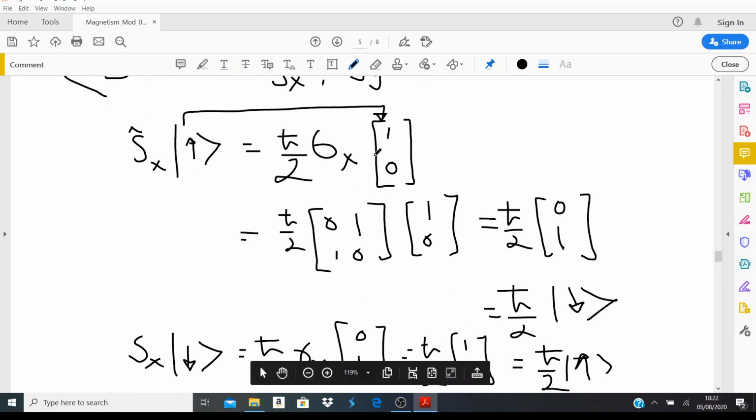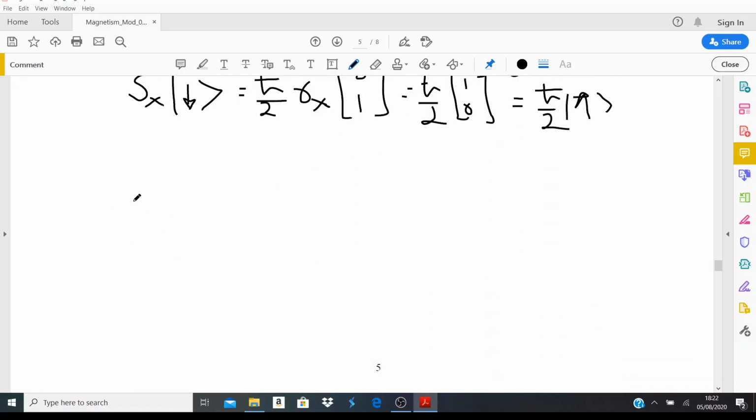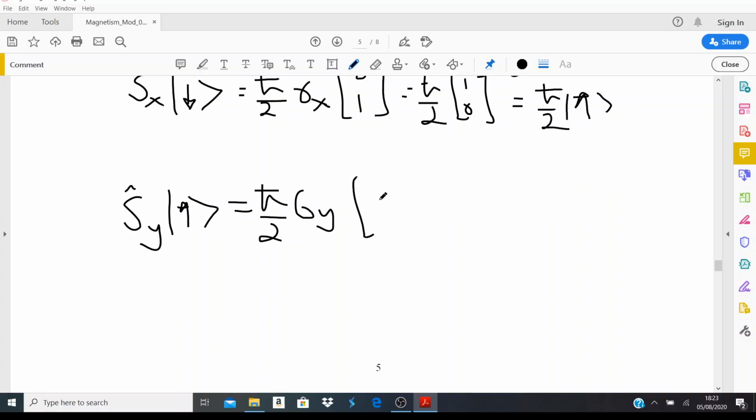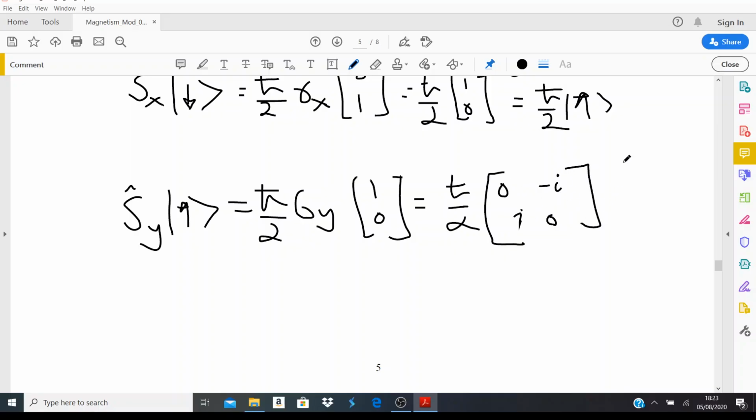Similarly, you have Sy, right? Convince yourself, do this calculation. It's very easy. Let me just sketch the picture for you. I want to calculate this bit. So we know what this is, ħ/2 sigma y. That's this operator, and this up is nothing but the 1, 0 column vector. So what is the representation of sigma y? It is ħ/2 times 0, minus i, plus i, 0, and here I have 1, 0, right?